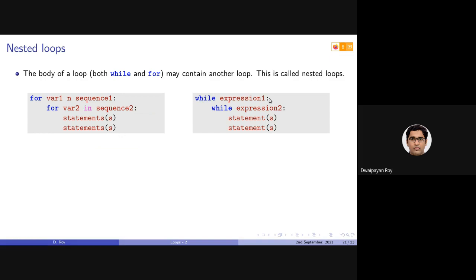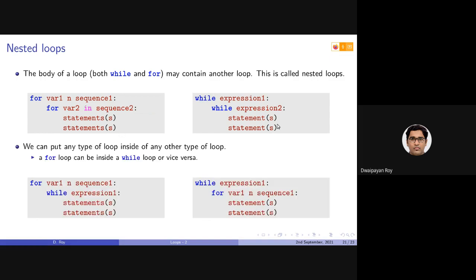This is an example of a nested while loop. Together with that, a while loop can also be present inside a for loop, or vice versa. So all are nested loops. We have discussed this, and it is pretty easy to write similar codes using nested while or mixed nested loops like this or this.